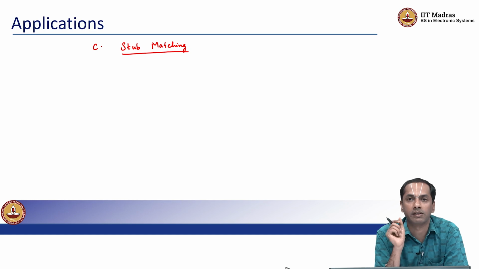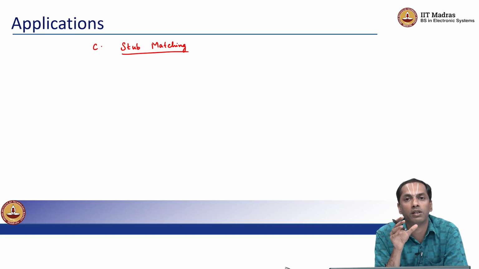It's an exercise that requires you to be able to design transmission lines of any characteristic impedance you want, which may involve some iterations. You may not get it right the first time, you may have to iterate and get it correct. But nevertheless, the idea of stub matching is to be able to match the load's impedance to the characteristic impedance, even for complex loads, but without having to introduce transmission lines of a different characteristic impedance.